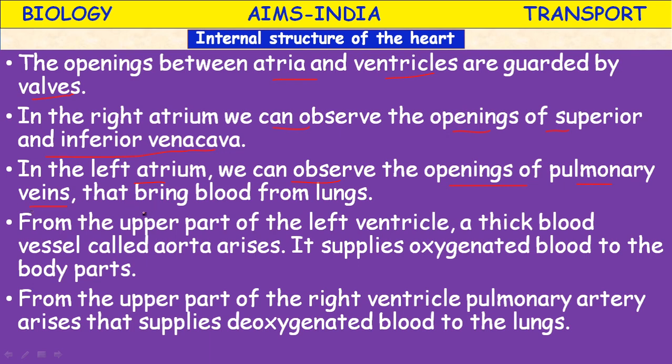This pulmonary vein brings blood from the lungs, but vena cava bring deoxygenated blood from all parts of the body and open into the right atrium. But into the left atrium, the pulmonary vein brings oxygenated blood from the lungs. So the right auricle receives deoxygenated blood from all parts of the body, the left auricle or left atrium receives oxygenated blood from the lungs, okay children.